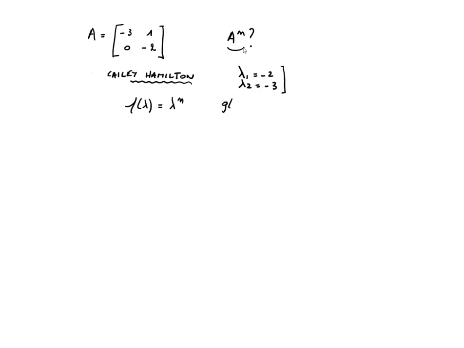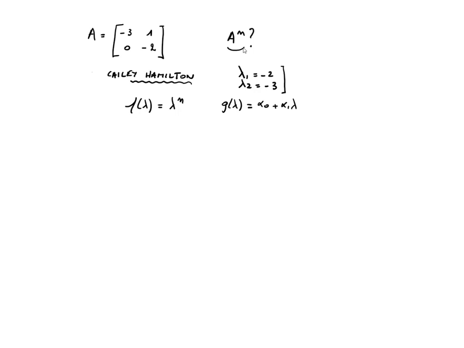We still use the same polynomial g of lambda. There are two constraints, so it's enough to use a polynomial of degree 1 because it has two coefficients. Since there are two constraints, that's okay.